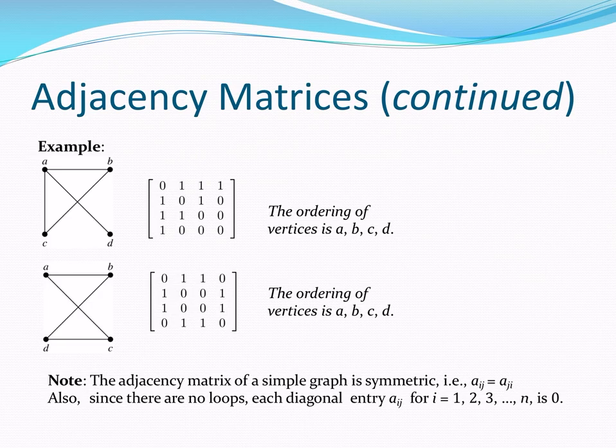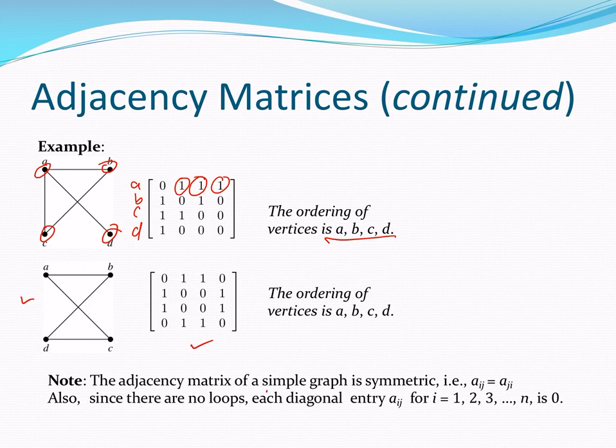Here's an example of a graph and its adjacency matrix. We see that A is adjacent to B and C and D. And so if this represents A, B, C, and D, then we can see that there's adjacency to B, adjacency to C, and adjacency to D. And here's another graph with its adjacency matrix representation.